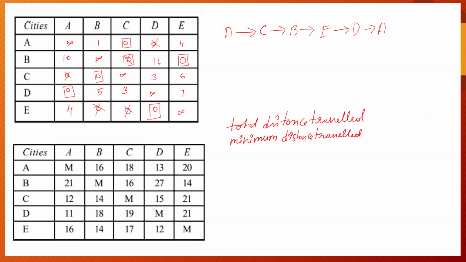For now let us just keep the minimum distance traveled itself. How we are going to calculate it: from A to C, here it is given 18. So 18, then plus C to B, here it is given 14.